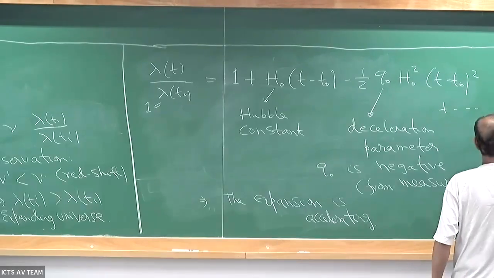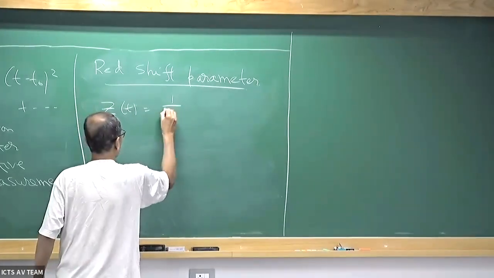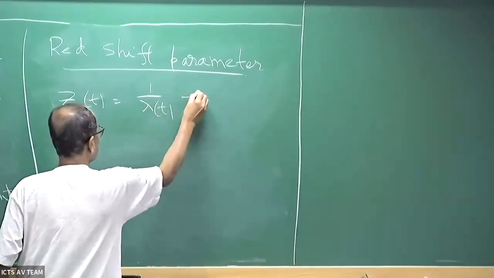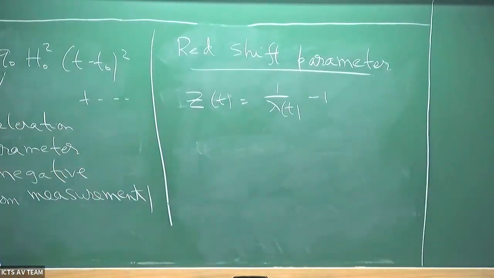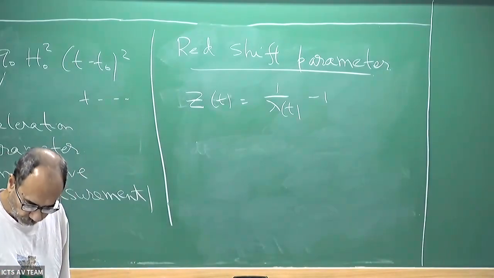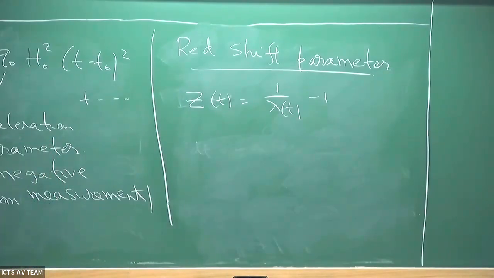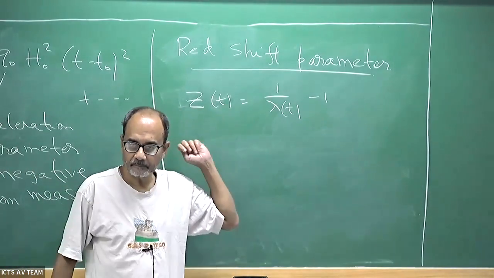So Z of t by definition is 1 over lambda of t minus 1. Okay, you can think of this as a measure of time.